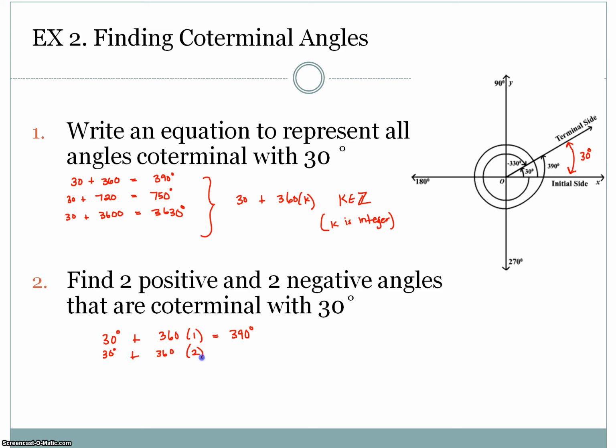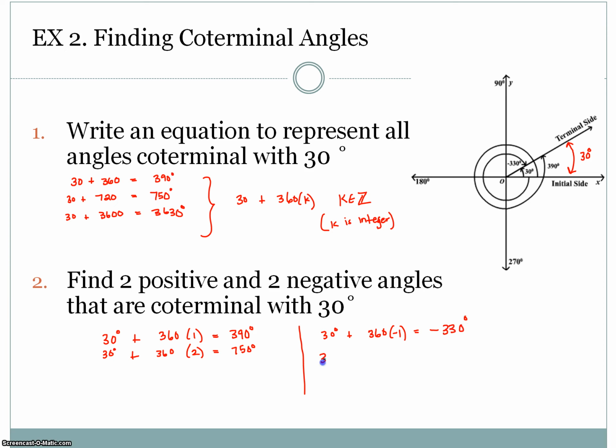As long as the numbers are positive, I know it's going to be a positive number. If, on the other hand, I want negative angles coterminal with 30, all I have to do is add negative multiples of 360. So 30 degrees plus negative 360, which is going to be negative 330.